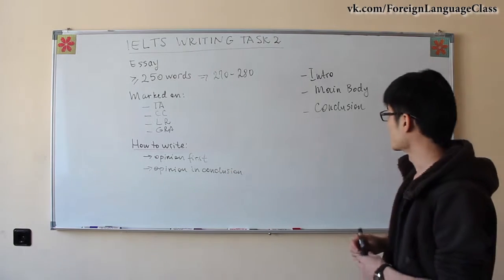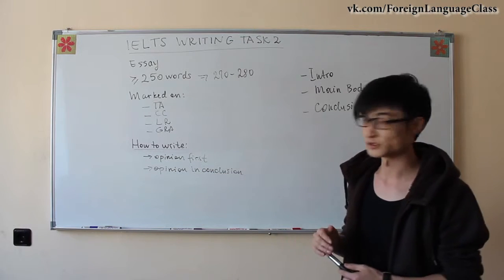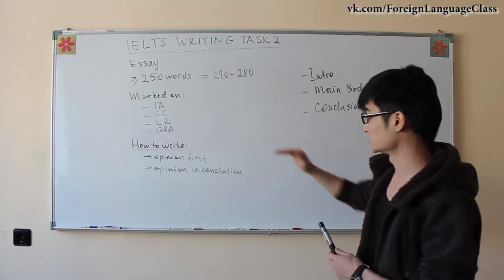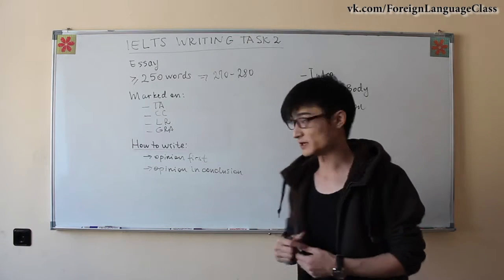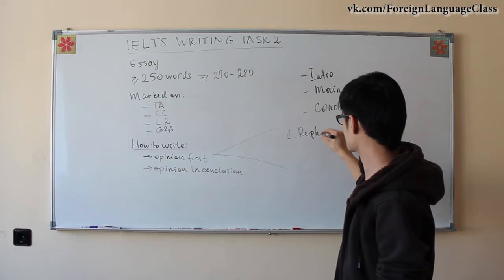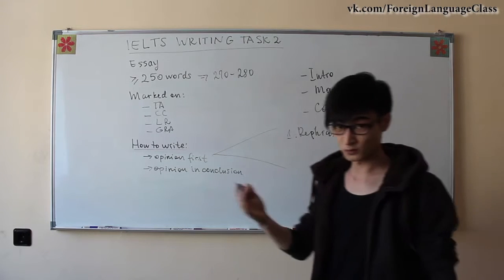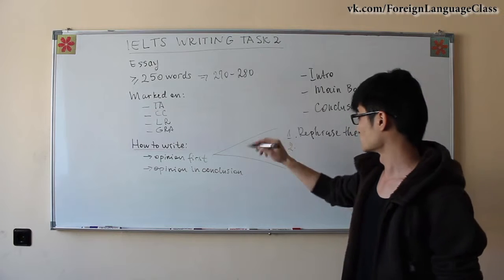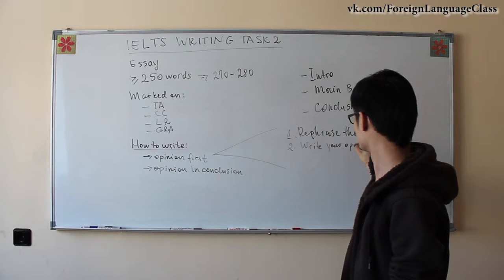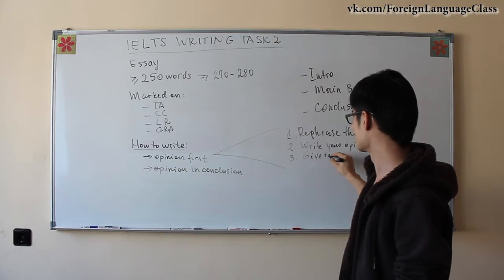Okay, now let's talk about these options in more detail. Opinion first. In this variant you rephrase the task in different words, and then you write your opinion, and give reasons.